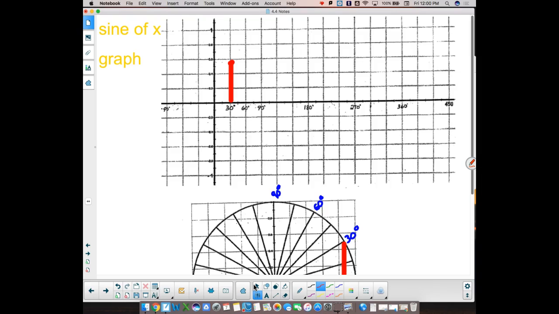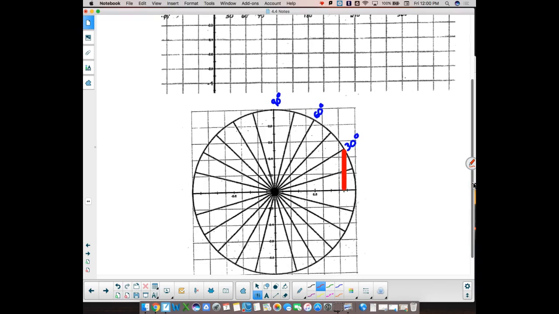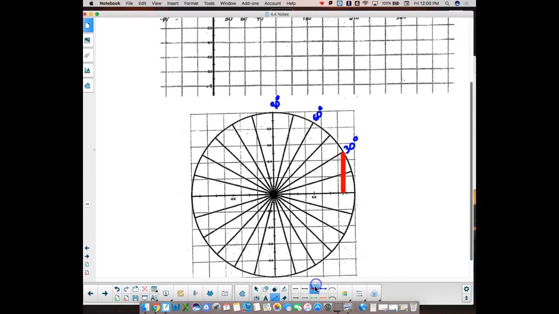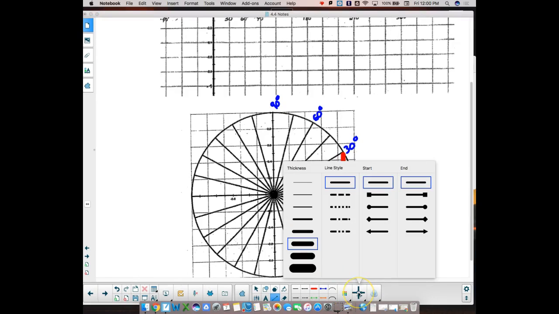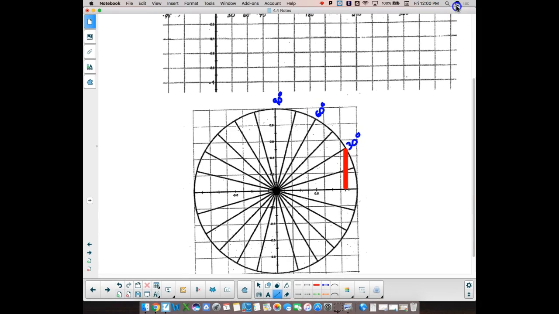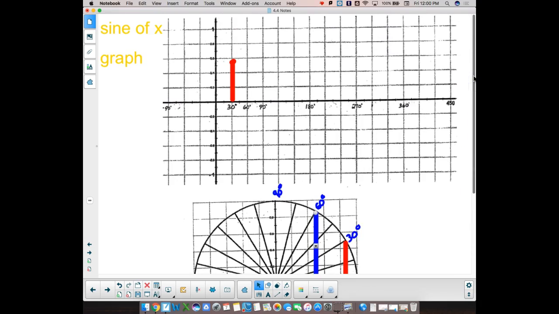With me? Okay. So then now you would go back down here and you would measure your 60. With me?